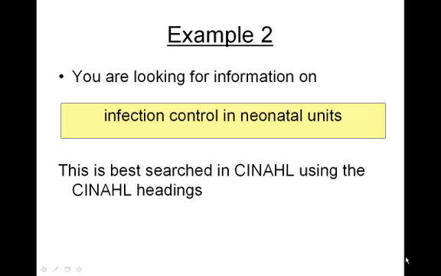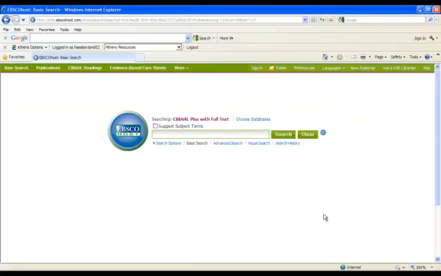Now let's look at how to combine Cinahl headings. This is the same process as we saw earlier when keywords are combined. However, Cinahl headings have the benefit of being more inclusive in that they include various synonyms. In this next example, we're going to search for infection control in neonatal units.